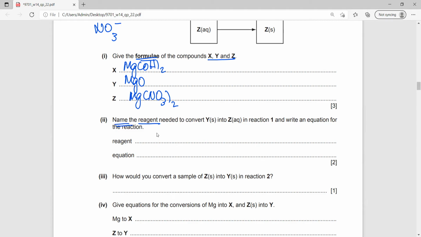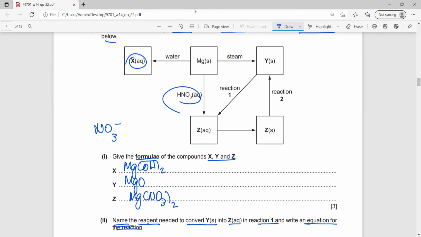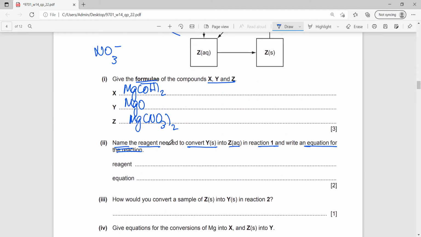So name the reagent. You need to convert Y to Z in reaction 1 and write an equation for the reaction. So the reagent from Y to Z. So Y is MgO and Z is Mg(NO3)2. So there should be an acid-base reaction, right? Because MgO is a base. So optimally you would use nitric acid.